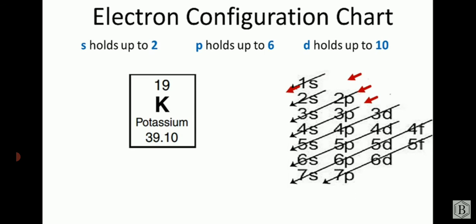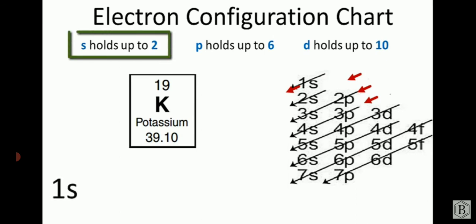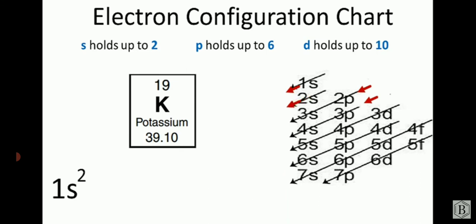So we go down the first row and we have 1s. s orbitals can hold up to 2 electrons. Then we have the 2s in the second row that can hold 2 electrons.